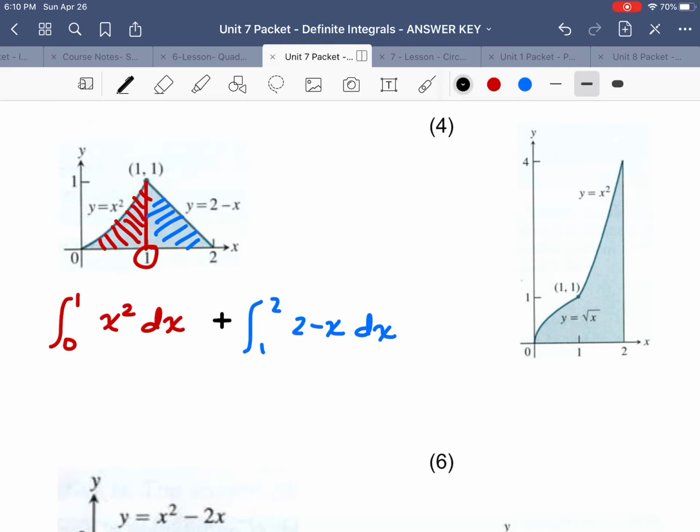All right, so the next one, number 4, is essentially the same thing, right? Because we have two functions, and there's a change in dominance. The dominant function is y equals the square root of x over the interval of 0 to 1.